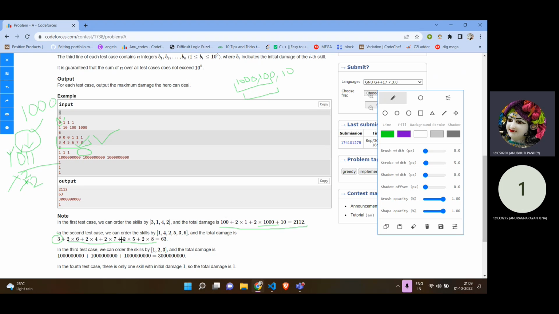Only the first skill cannot be doubled, means you cannot just multiply the first skill with 2, as it is the first one. So the minimum skill will not be multiplied by 2. The rest all will be multiplied with 2, and we get 63 as a damage.